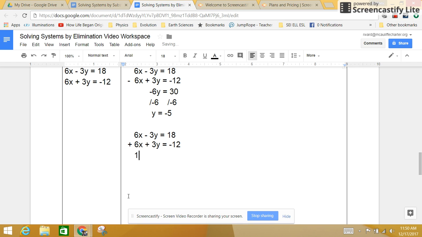So when I add them, I get 12x equals 18 plus negative 12 is 6, and I divide both sides by 12, and x equals 6 over 12, which equals 1/2. So my solution is 1/2, negative 5. And there we go.